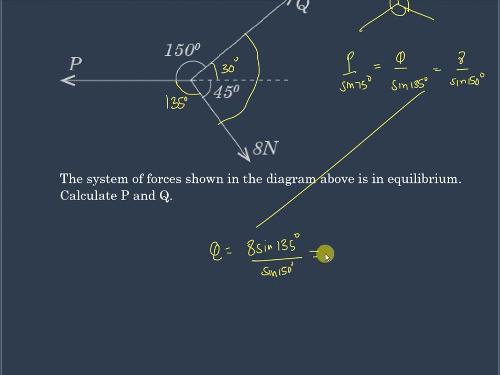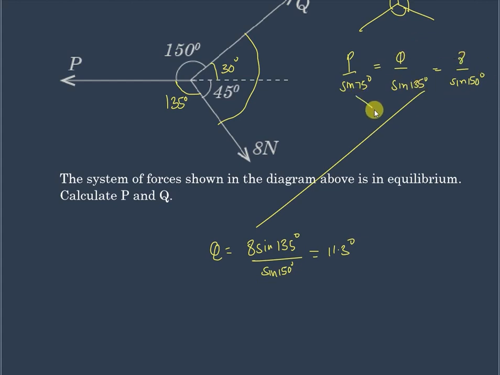If you work that out, the value of Q you are going to get is 11.3 degrees.